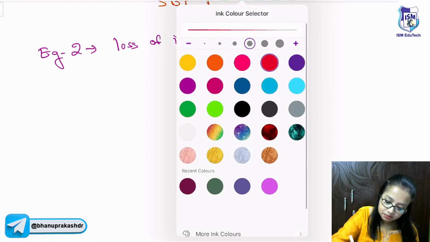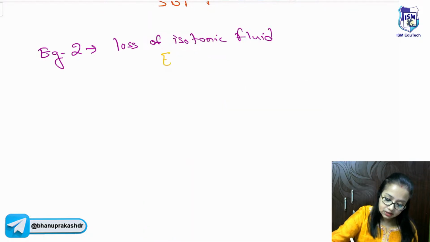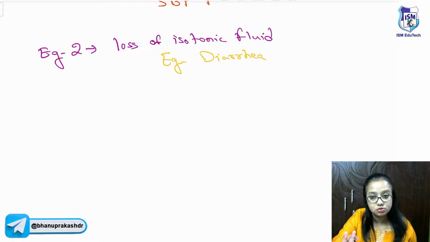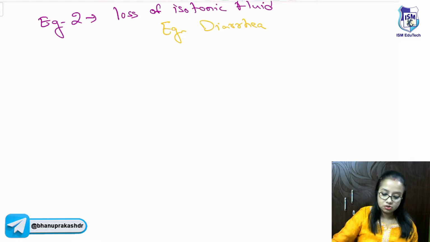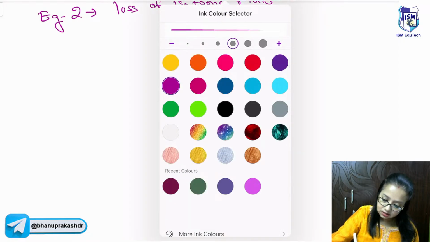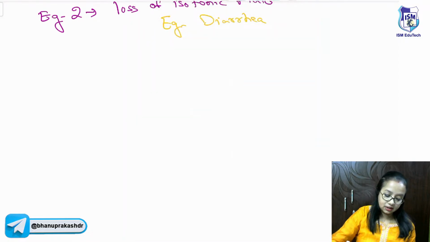What is the example? Example is diarrhea. When a person suffers from diarrhea, not only the water goes out, the electrolytes also go out. So, how will the Darrow-Yannet diagram be affected?